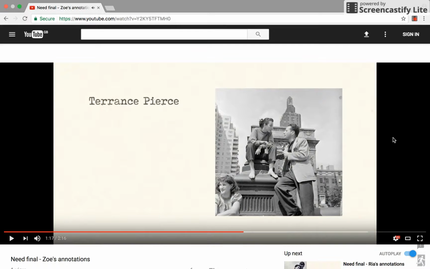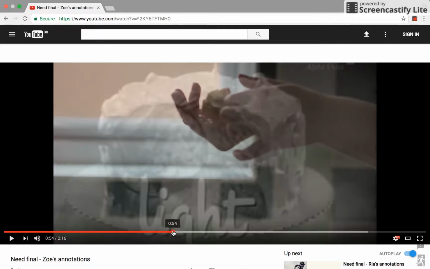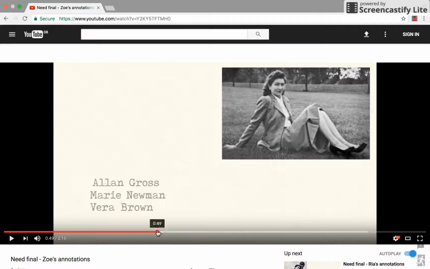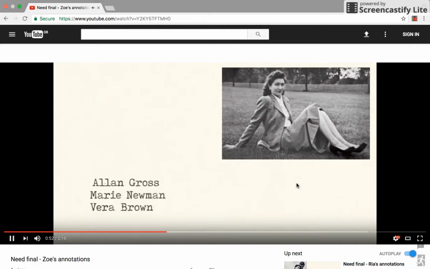As well, with the overlays, we did want to contrast strongly to what we filmed. So there are all of these very happy style images. If I take you back a bit, there's one of the women smiling. So you've got all the cats and that sort of thing.